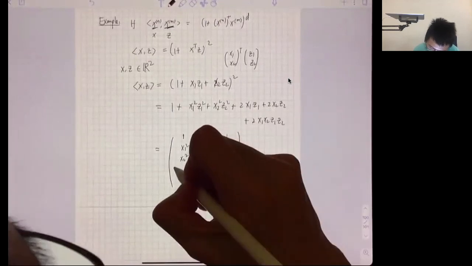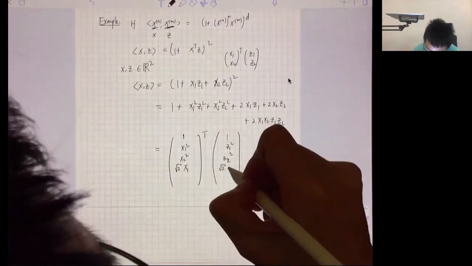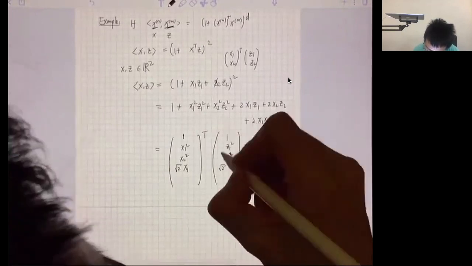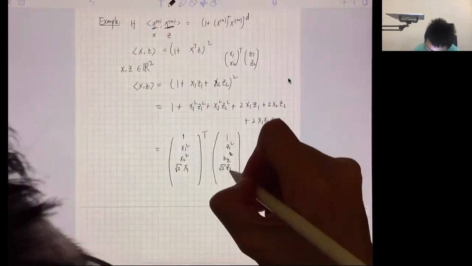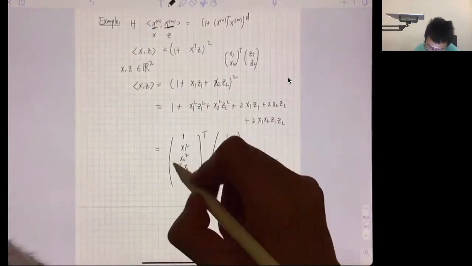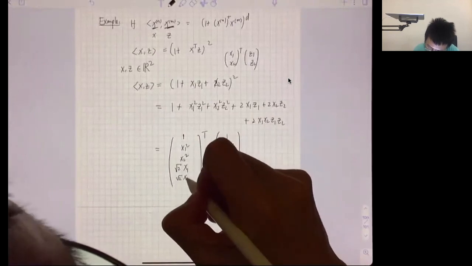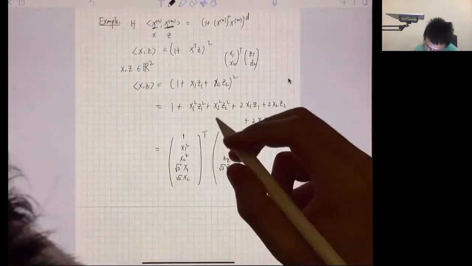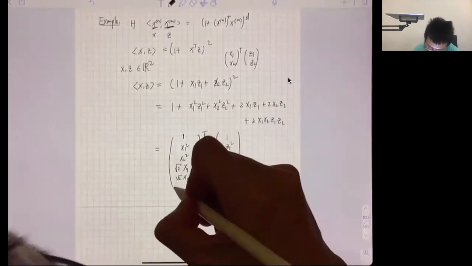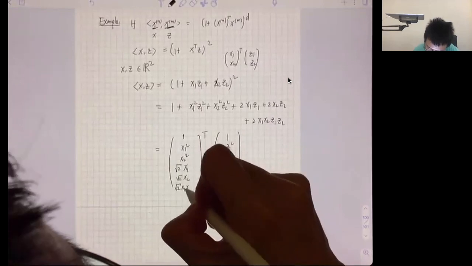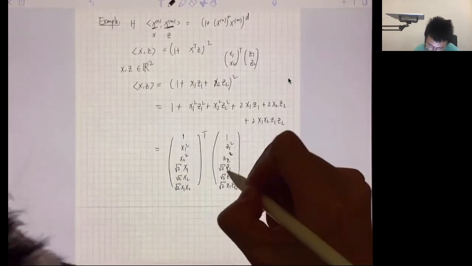The fourth term is square root of 2 x1, square root of 2 z1, right? And the next term is square root of 2 x2, square root of 2 z2, and the square root of 2 x1 x2, and square root of 2 z1 z2, okay?